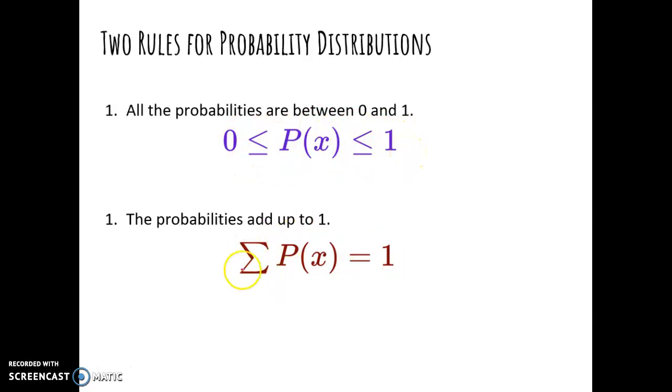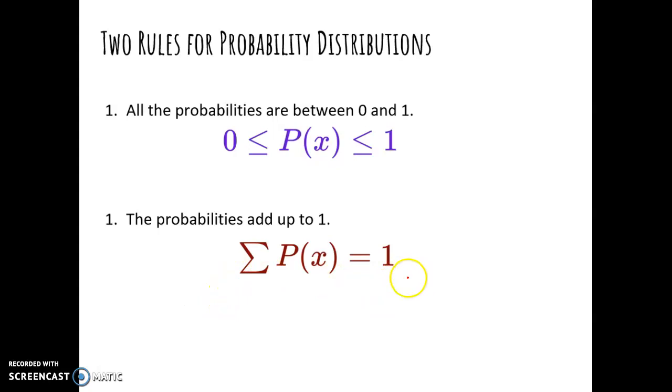Now this probability rule is specific to probability distributions. The sum of all the probabilities in a probability distribution adds up to 1. If you pause the video and go back to all of the probability distributions that we've looked at in an example, all of those probabilities will add up to be 1.